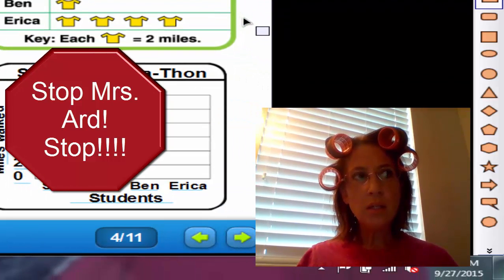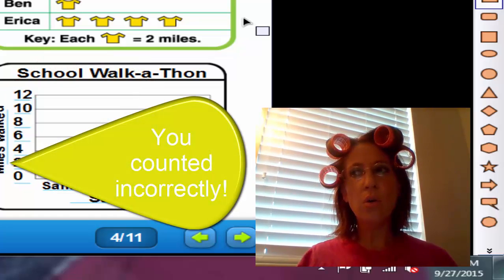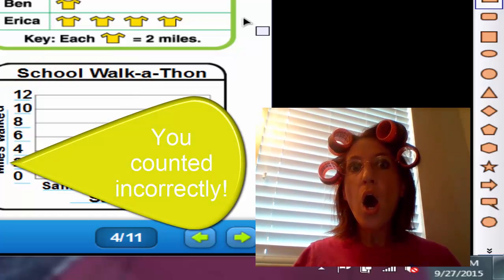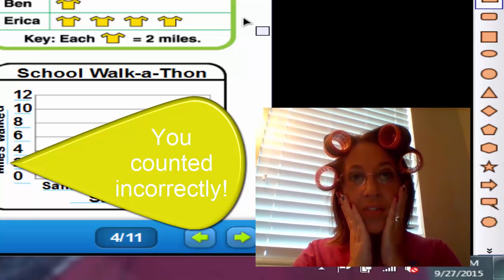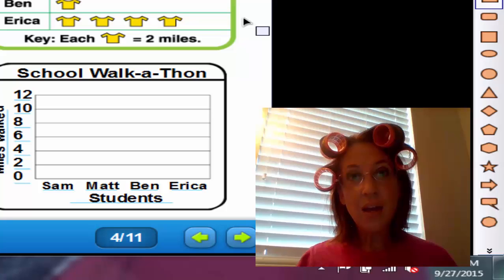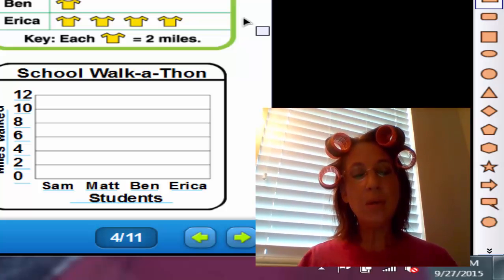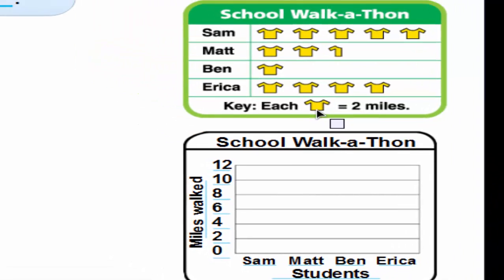What? Did Mrs. Arden make a mistake? No. What? Oh, I forgot that each shirt represents 2 miles, doesn't it? Thank you. I heard all of you reminding me that the key says each shirt represents 2 miles. So I can't count by 1s.